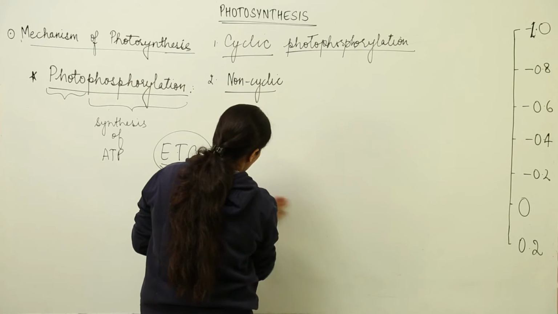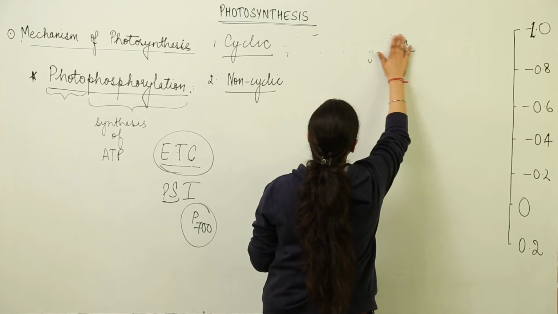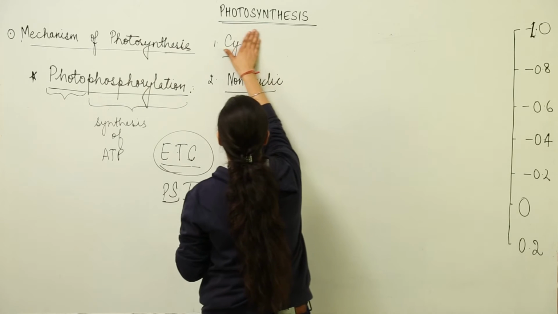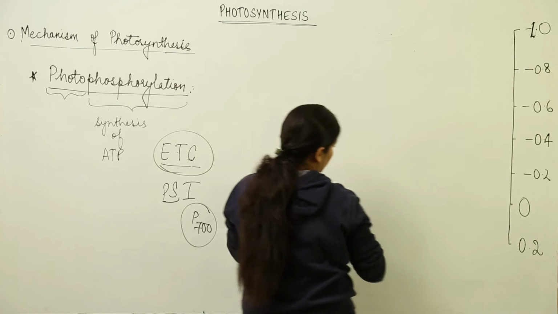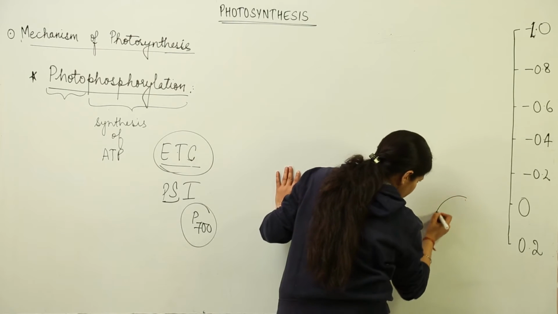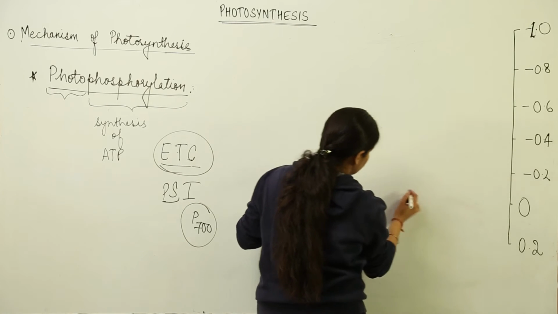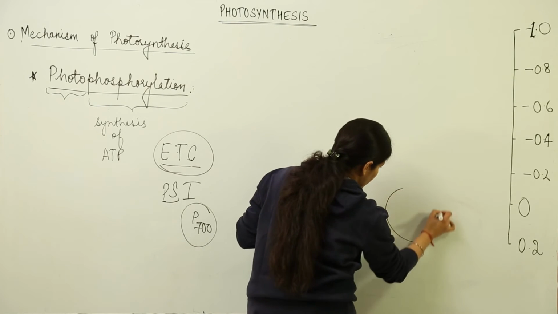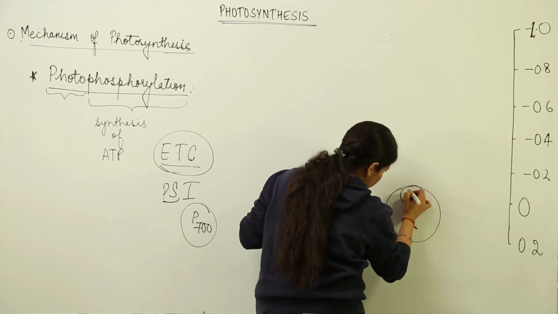We are going to talk about a few electron acceptors. The process starts with the excitation of electrons, as was seen in the photosynthetic unit. Let us represent the photosynthetic unit over here. There are the antenna molecules. There lies P700.